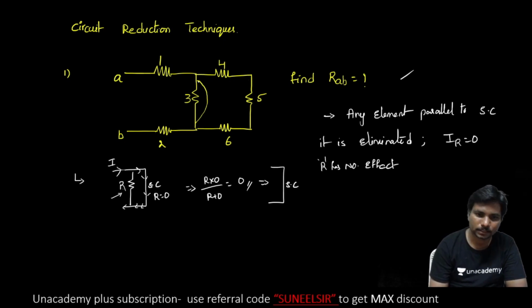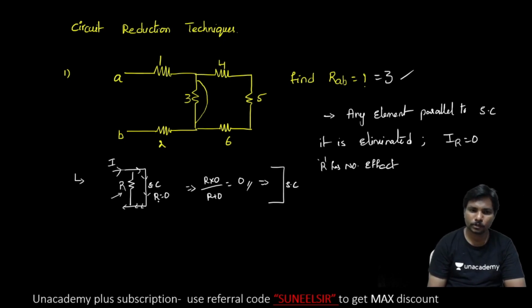From this, 4 plus 5 plus 6: 4 plus 6 is 10, plus 5 is 15. This 15 is parallel to the short circuit, so we can eliminate it, and 3 is also parallel to the short circuit, so we can eliminate that one. So we have only 1 plus 2, and the answer is 3. Very simple.